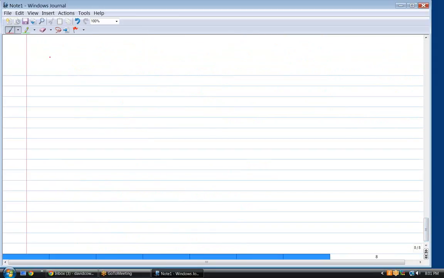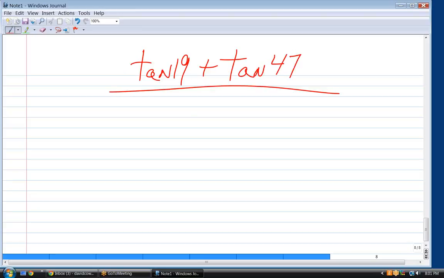Got another one? Tangent 19 plus tangent 47, over 1 minus tangent 19 tangent 47. Okay, that's the sum or difference identity.